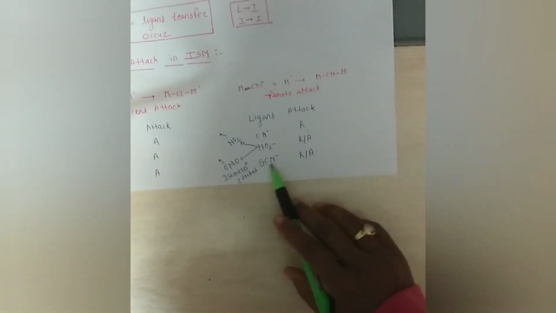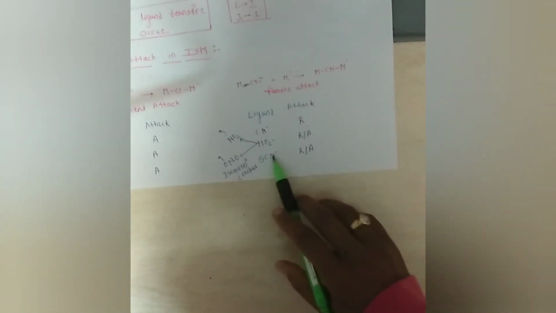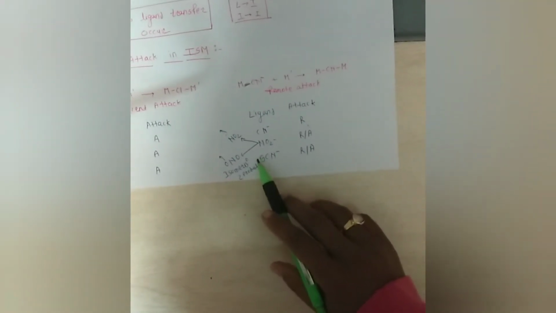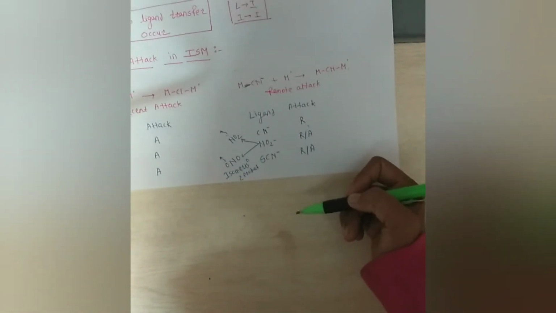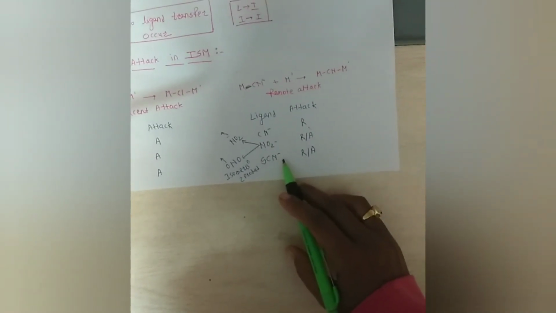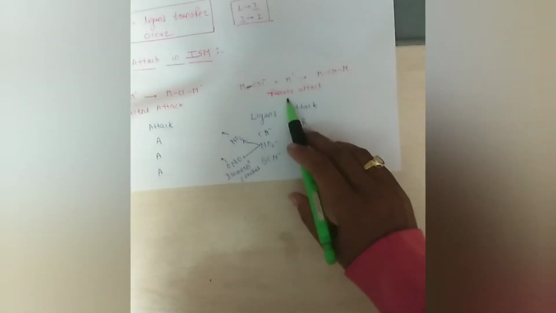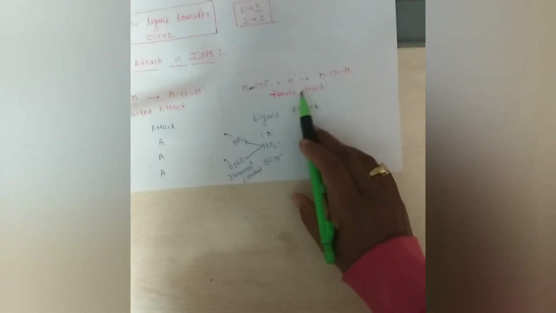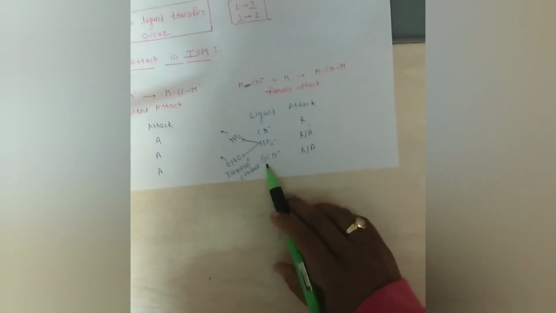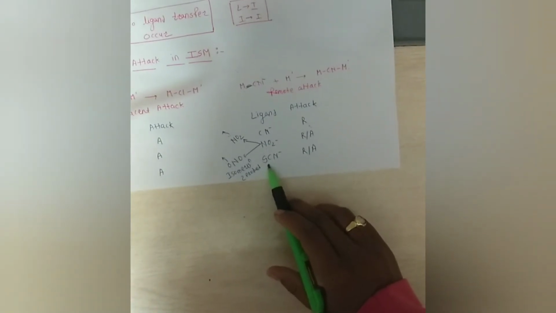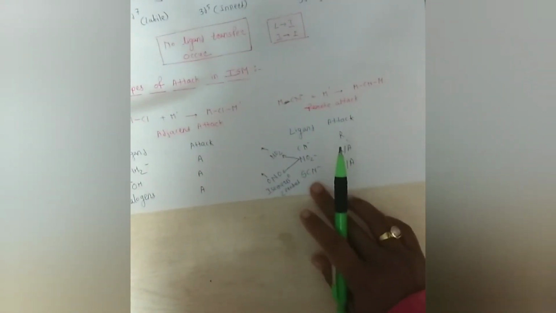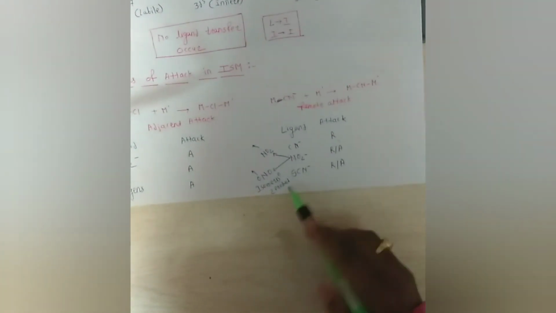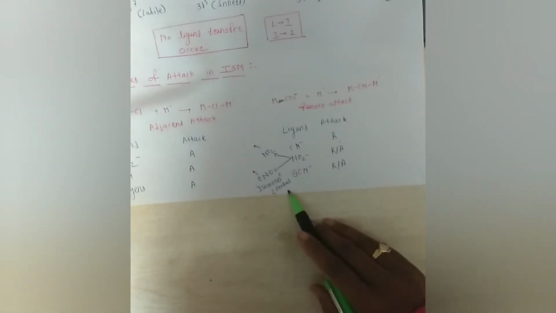Thiocyanide also has two attacking sites, nitrogen and sulfur, whose lone pair is involved in the reaction mechanism. When nitrogen is involved, the attack is through remote attack, and we have a different mechanism. When sulfur is involved, the attack occurs through adjacent attack, and therefore we get another product, so we have two products. One is more predominant than the other.